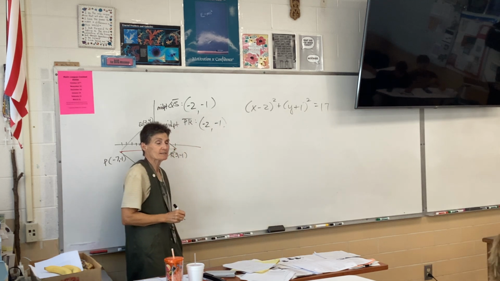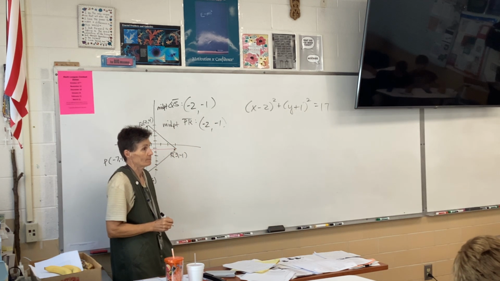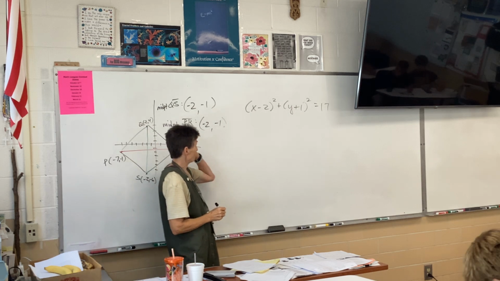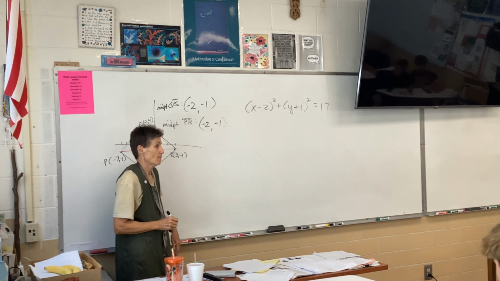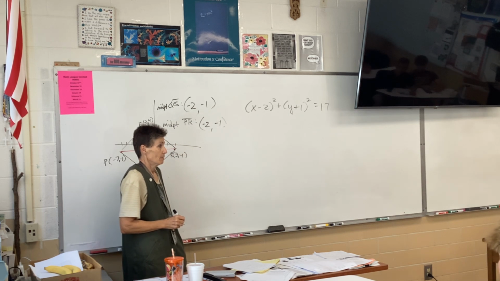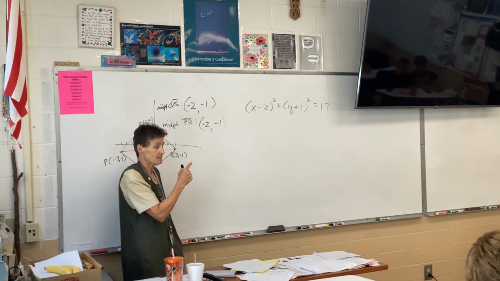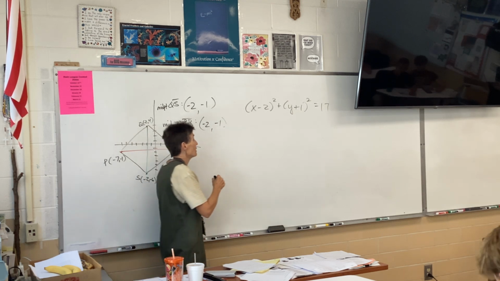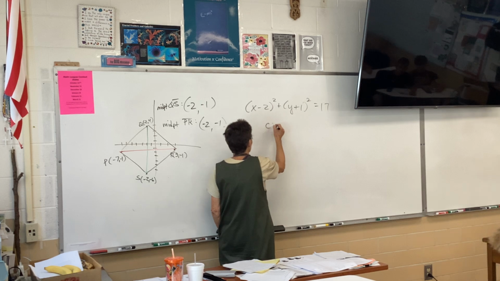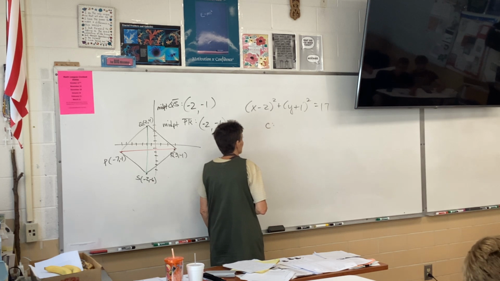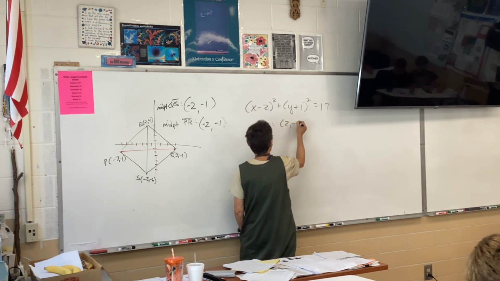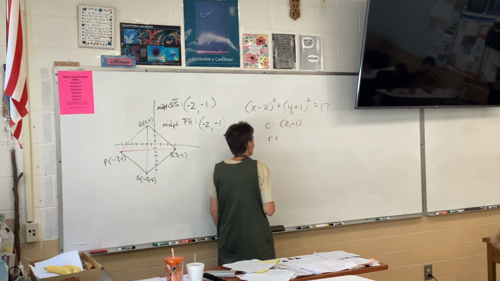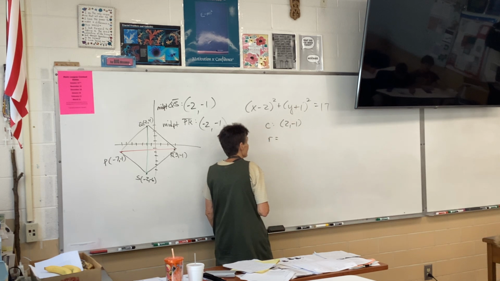That's what they look like. That's called the standard form. Now certainly we could FOIL it all out, but this is considered the standard form. Where would the center of this circle be? 2, -1. And what is the radius of this circle?